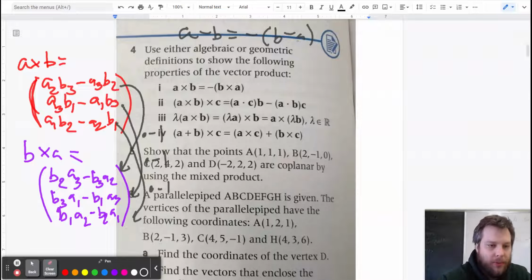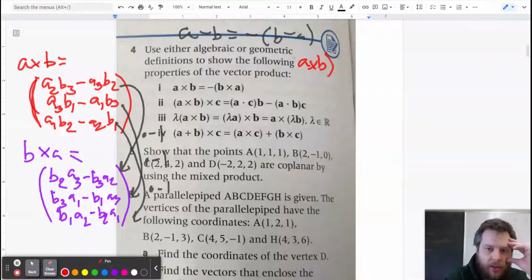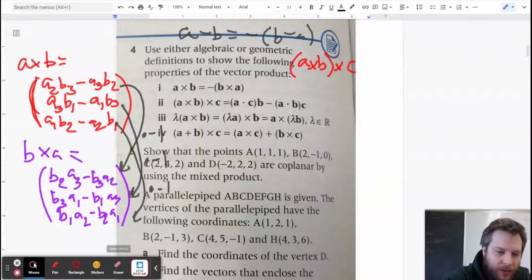So for the second proof, we're going to go ahead and just tack on vector C here. And so we will take A cross B, which we already knew, and we're going to cross that with C. And so C is just going to be C1, C2, C3. And so let's look at the formula and try to figure out what the heck's going on here.